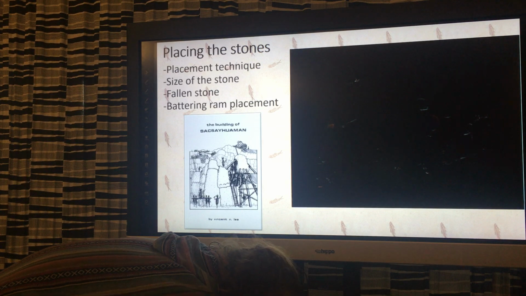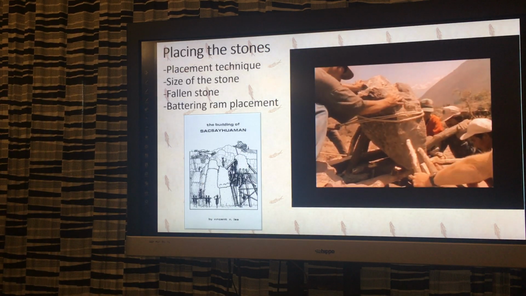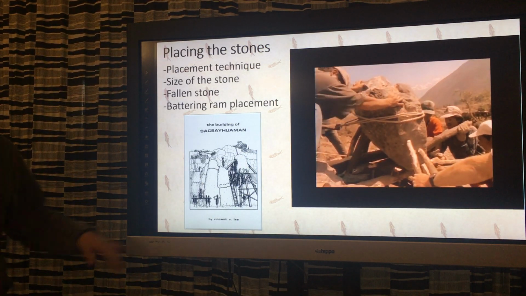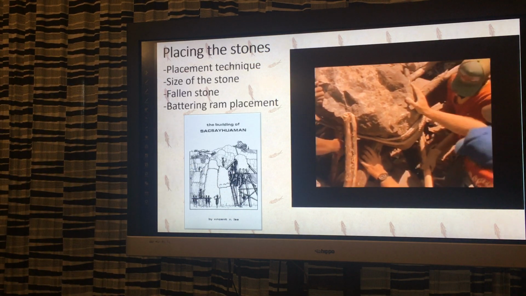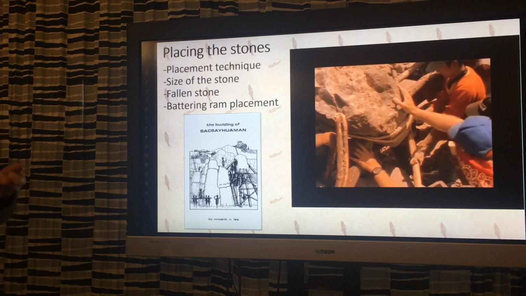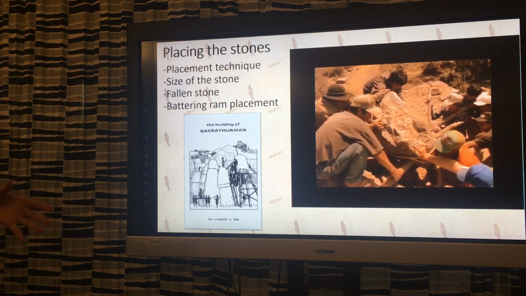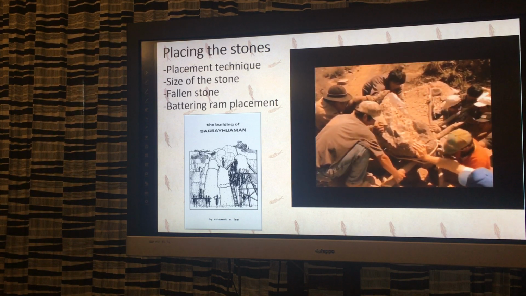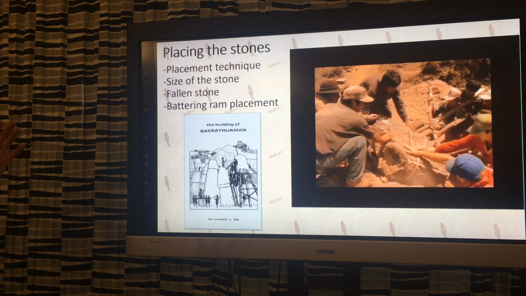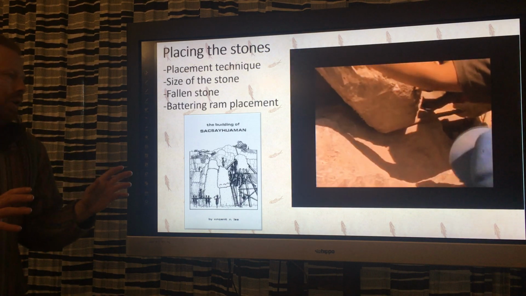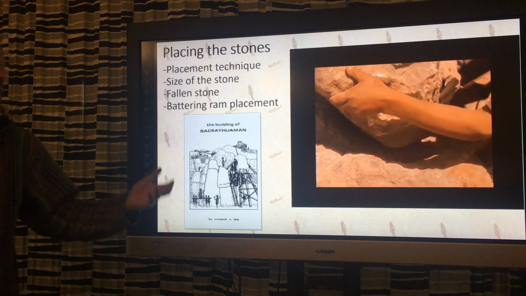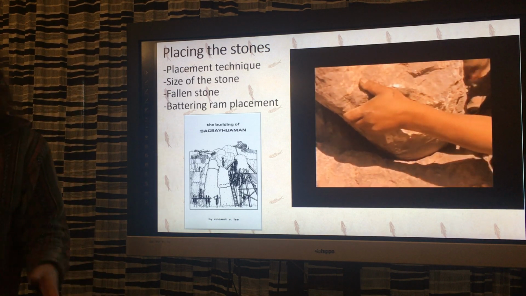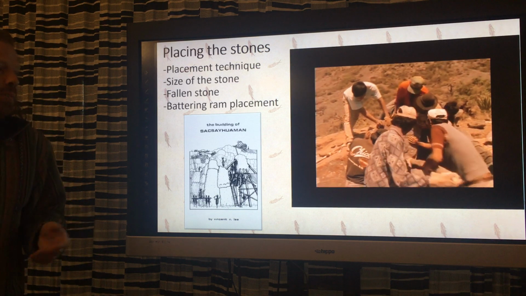So this is placing the stones in the Nova documentary. What you see here is that the theory is that they lifted it up on tree logs, and then, guiding it with ropes and replacing the tree logs, slowly maneuvered the stone into the appointed location. What happens here? It's a 500 kilogram stone. You can see it falls. They don't transport it in the right way.